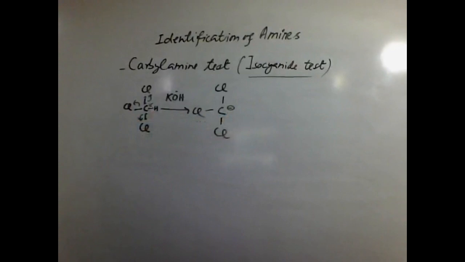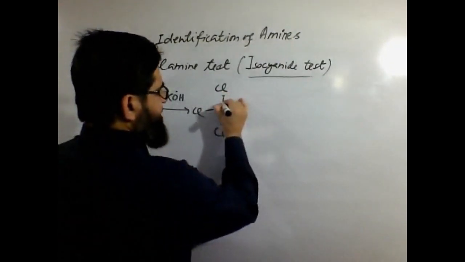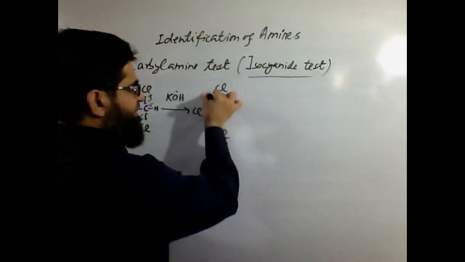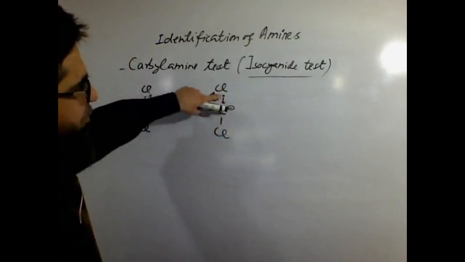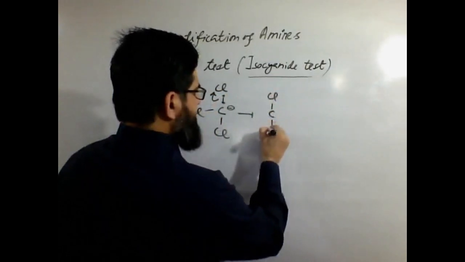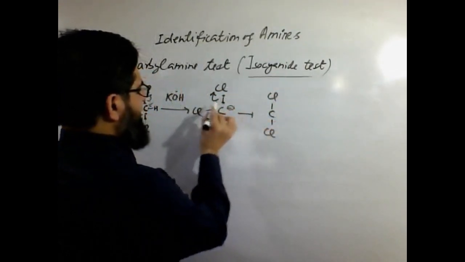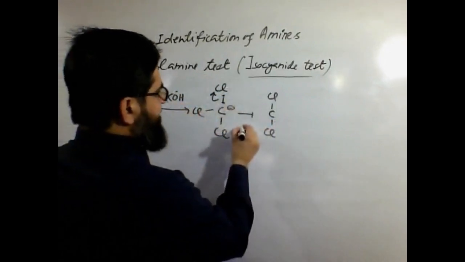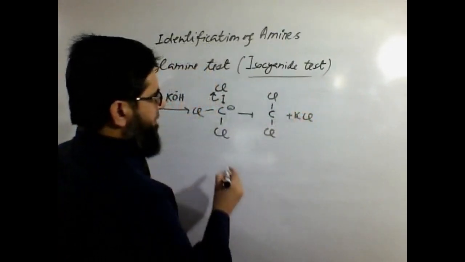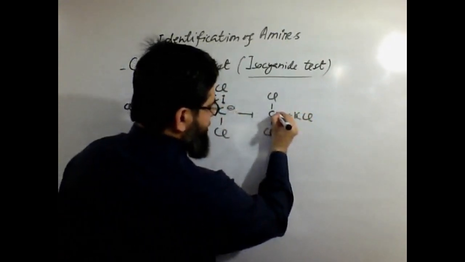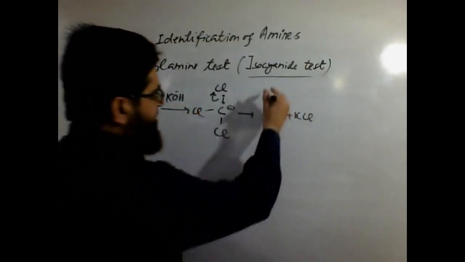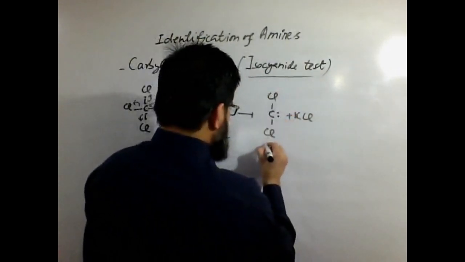As we know, the chlorines attached to the carbon are more electrophilic. One will move away, taking both electrons from the carbon, giving us this sort of compound, and this chloride along with K will be removed in the form of KCl. This negative charge can be represented in the form of a lone pair, two electrons. This sort of compound is called a carbene.